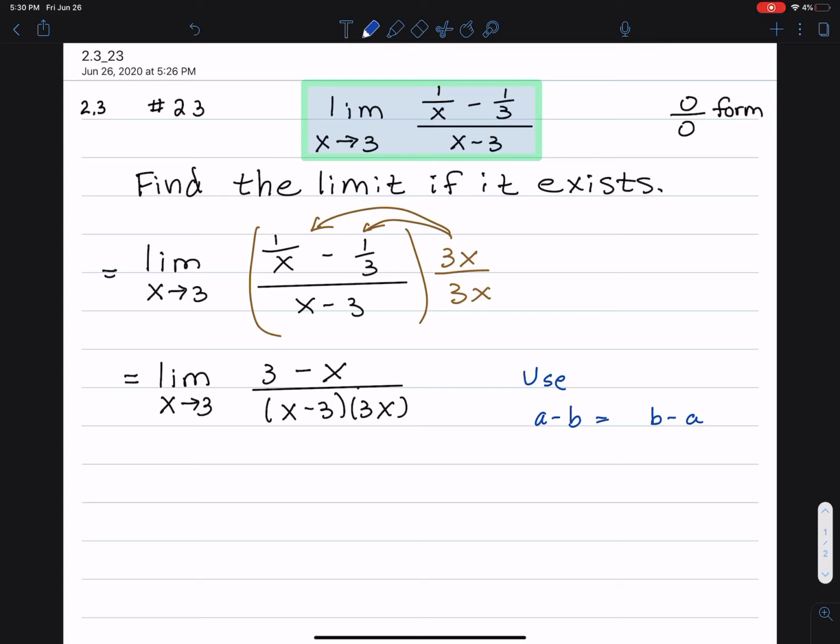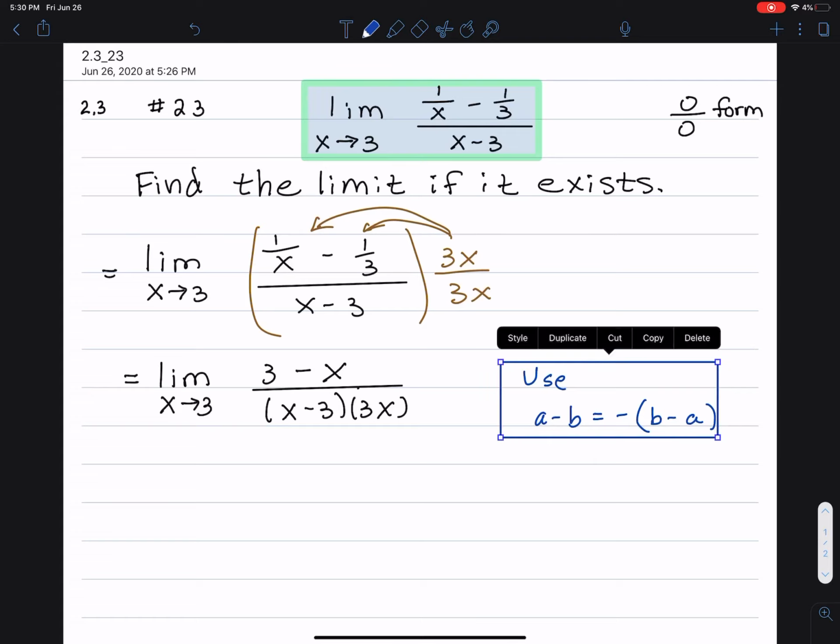A minus b is the opposite of b minus a. You can check by multiplying through the negative: multiplying that negative through, you get negative b plus a, and that's the same as a minus b.